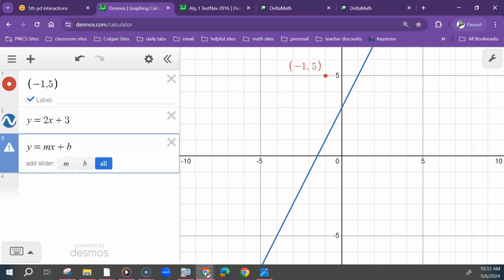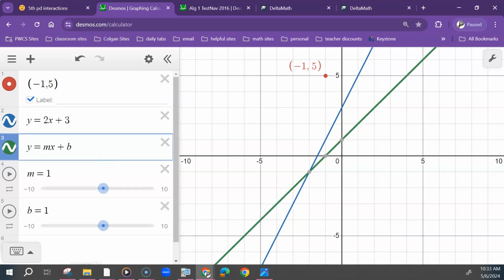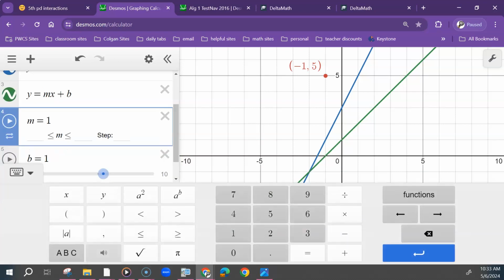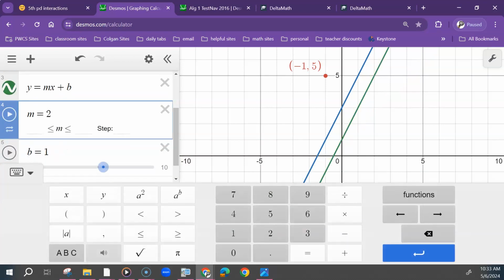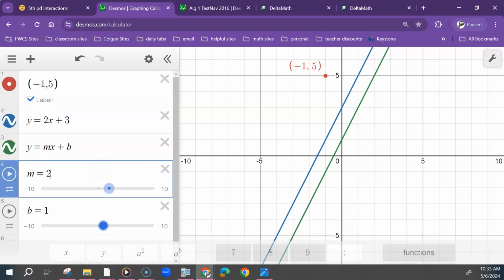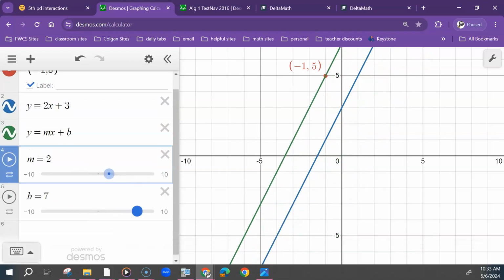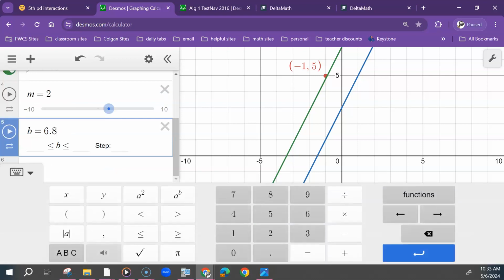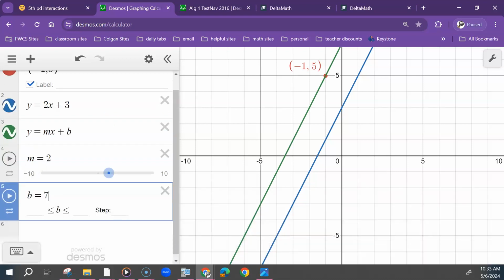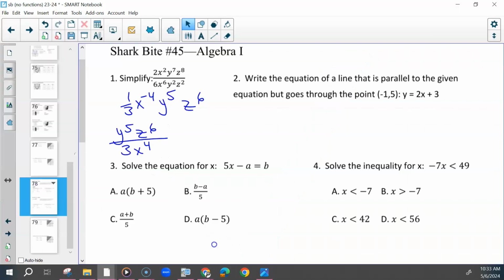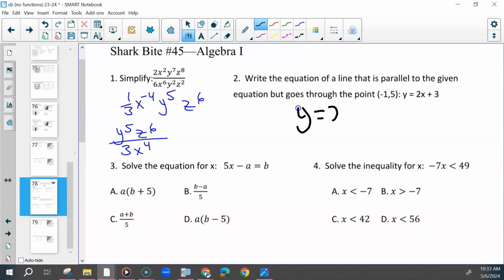I'm going to add in all the sliders, change my m since it's parallel, it has to be the same, so 2. And then move my b slider until it goes through that point. So the equation would be y equals 2x plus 7. And that one you can say did it in Desmos.